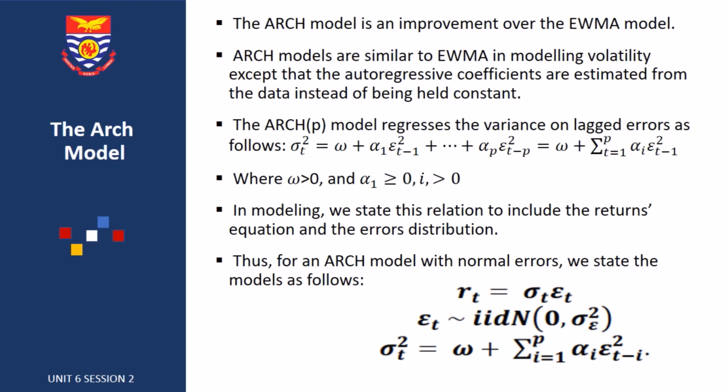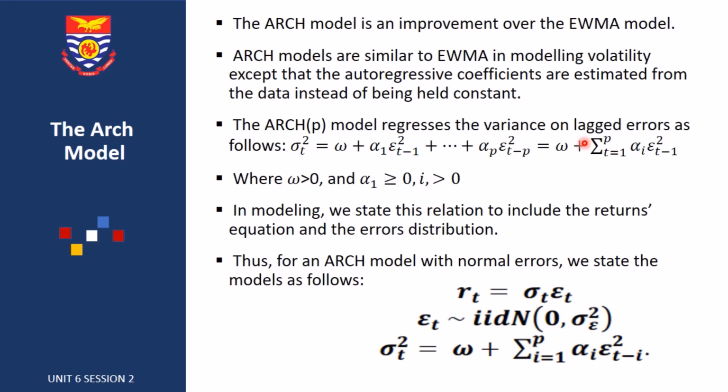The ARCH model is in this form, where this is the variance, a measure of the risk, which is the ARCH model, where we have our omega, which is a constant parameter, and our alpha 1 multiplied by the squared error term of the previous day, that is epsilon squared at t minus 1, up to alpha p multiplied by the squared error term of the last day in our observation.